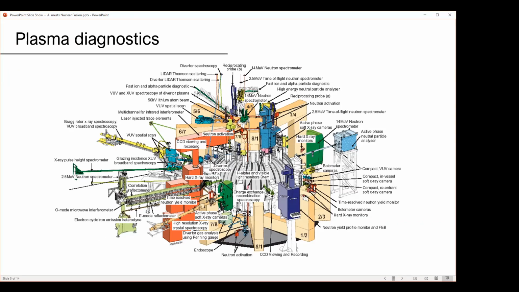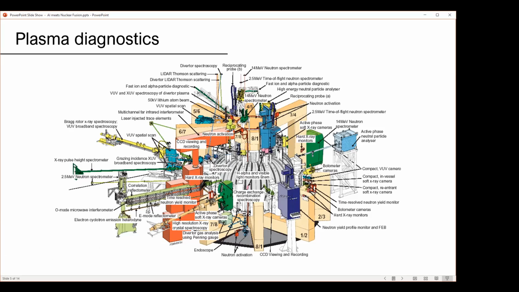Of course, one of the things we want to measure is temperature. The other is density. But we also want to measure, for example, how many neutrons are coming out of the fusion reactions and how much electromagnetic radiation is being generated by the plasma inside the machine. So these are a few examples of physical quantities that people want to measure.